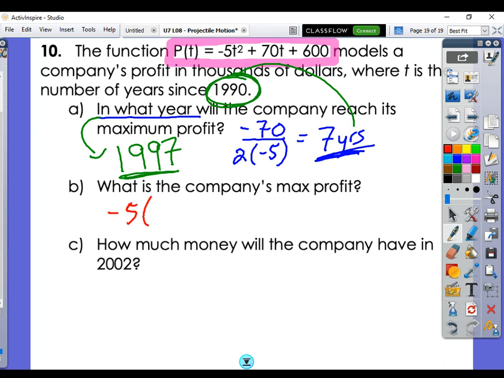So negative 5 times something squared, plus 70 times something, plus 600. And we're going to plug that 7 into each of those parentheses. Now the math there is a little bit more challenging, right? 7 squared is 49. And then when you do 49 times negative 5, you get negative 245.